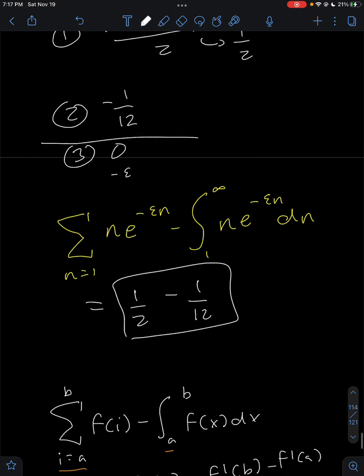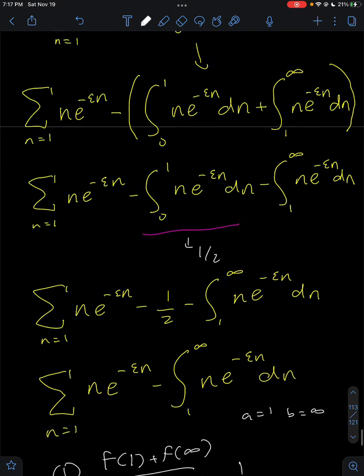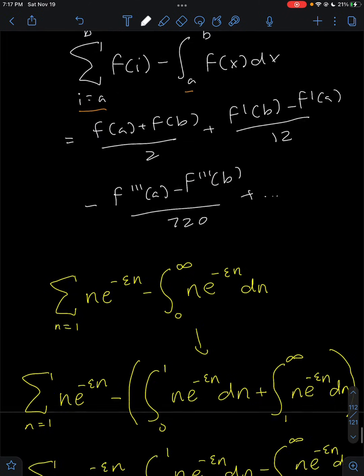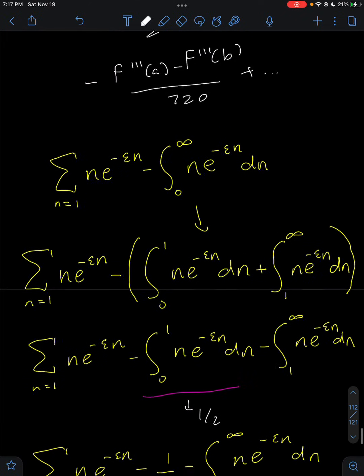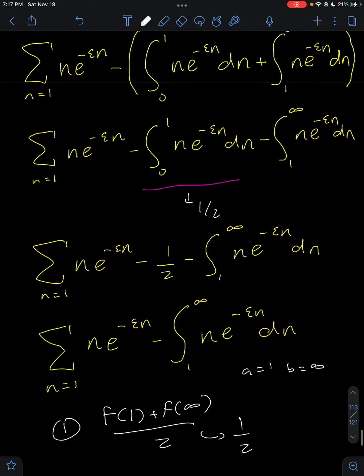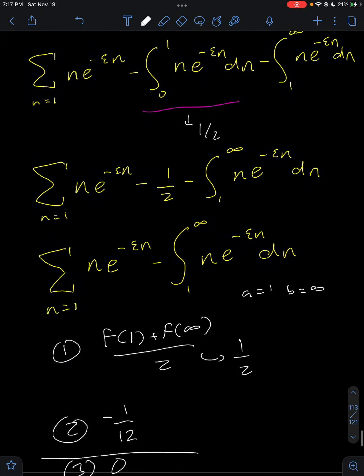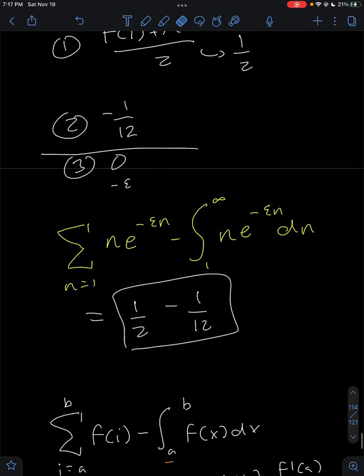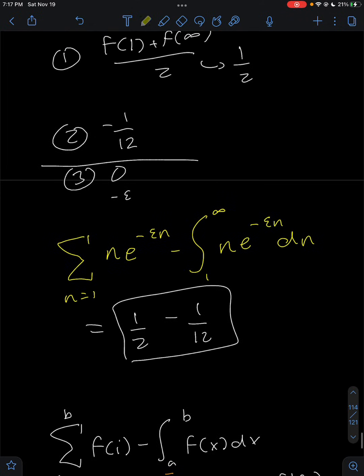Pretty neat, isn't it? So let's go all the way back here. Remember that there was actually a 1/2, minus 1/2 here, right? So we found out that what's on the inside is 1/2 minus 1 over 12. Now, to make our lives easier, let's write these in terms of a common denominator.